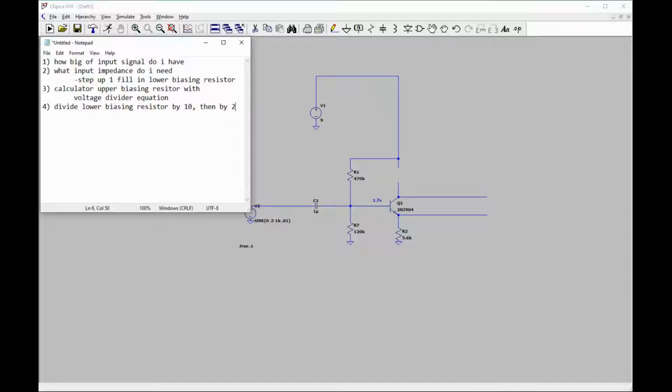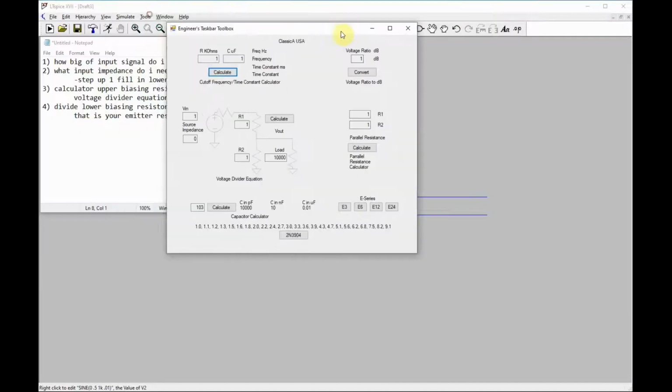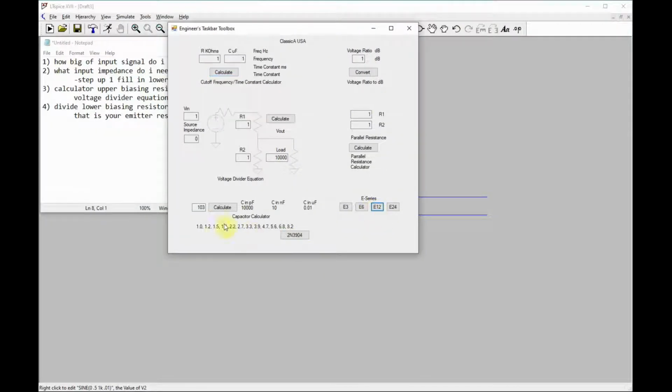But I usually do it in my head. I just cut it down by a power of 10 and cut it in half. Just telling you how I do it. And that is your emitter resistor. Okay, and that's when using these standard E values, right here.